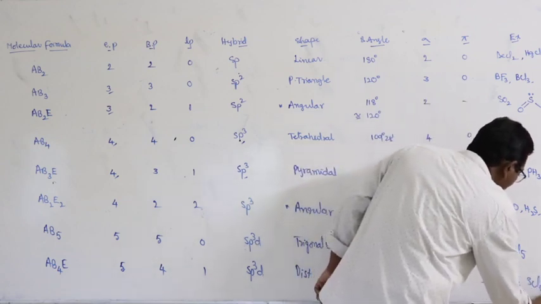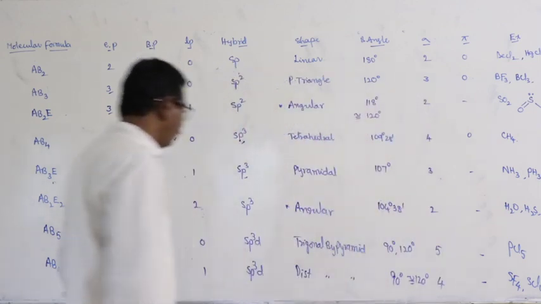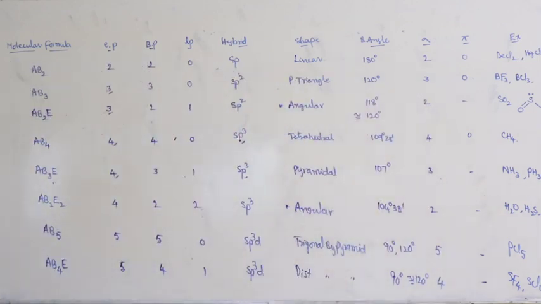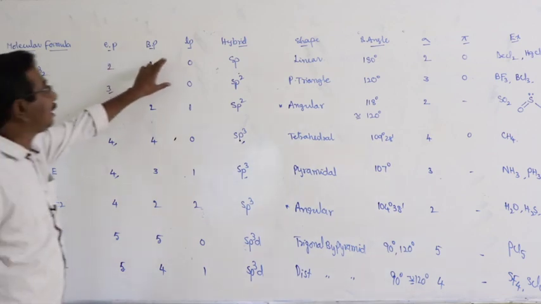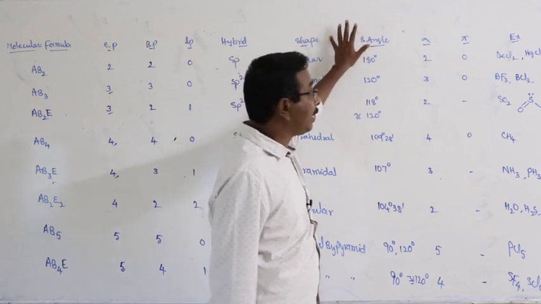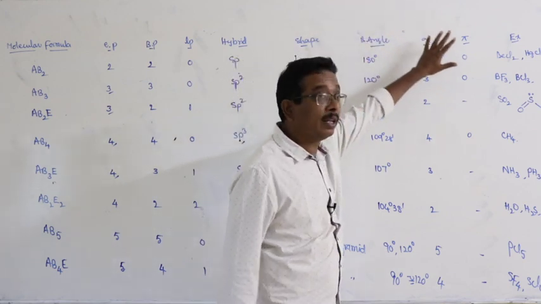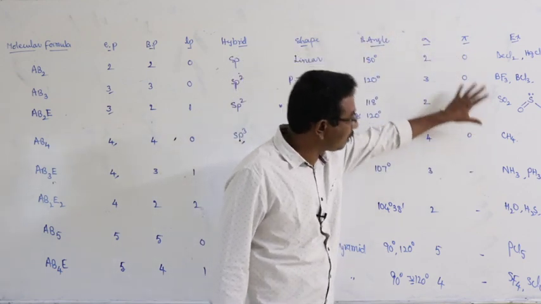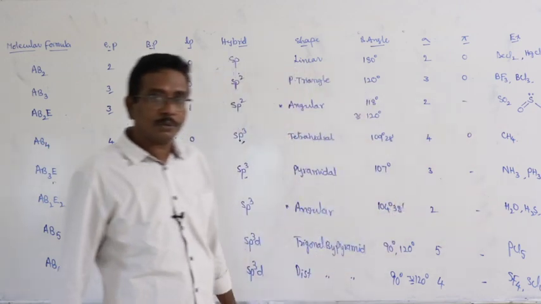Examples SF4, SCl4. This is about the construction of the table which connects the VSEPR theory and the concept of hybridization and the geometry of the molecule, bond angles, number of sigma bonds, pi bonds, and also examples.